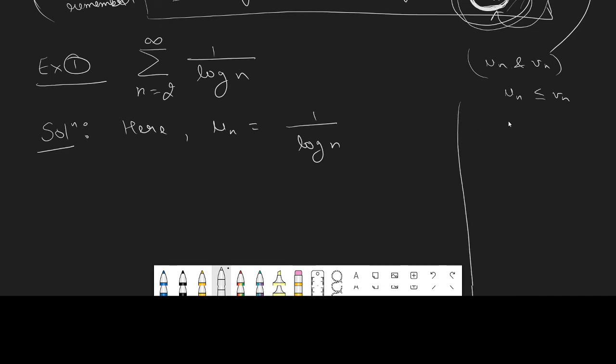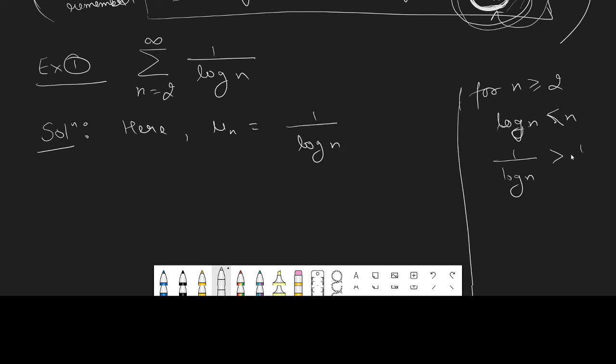And if you see, log n is less than n for n greater than or equal to 2, log n will always be less than n. If I take reciprocals, 1 by log n will always be greater than 1 by n for n greater than or equal to 2, right?